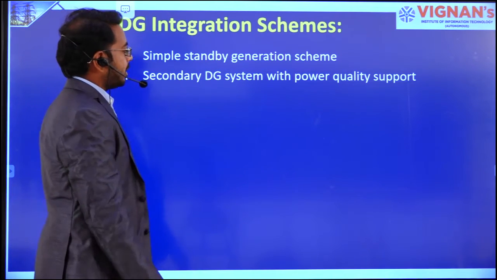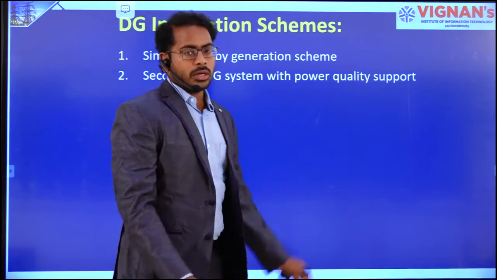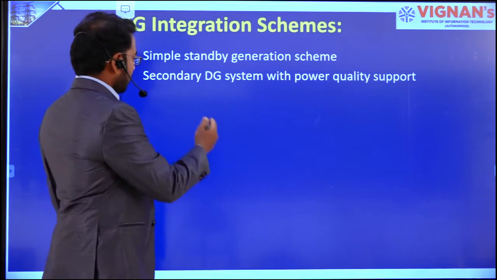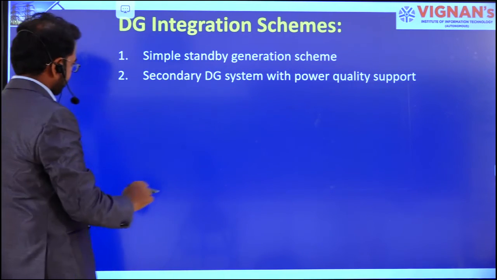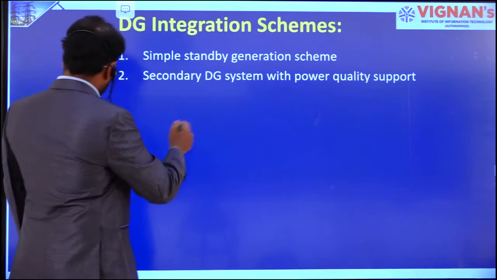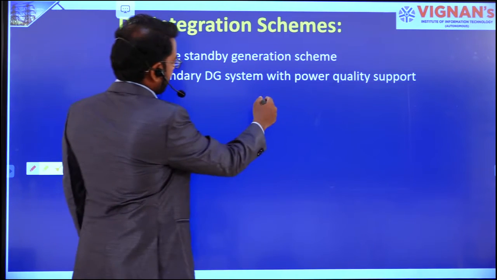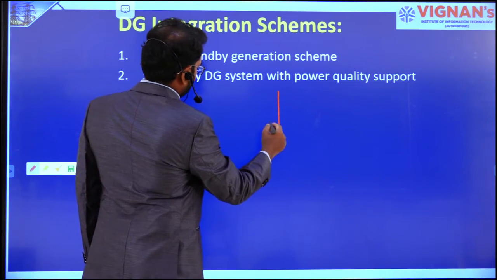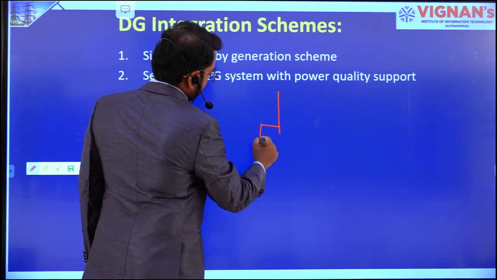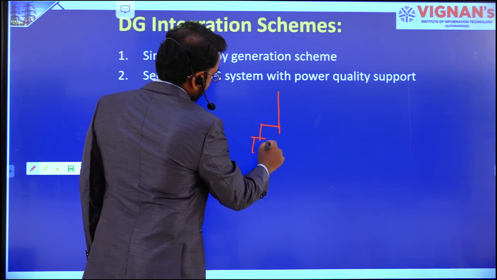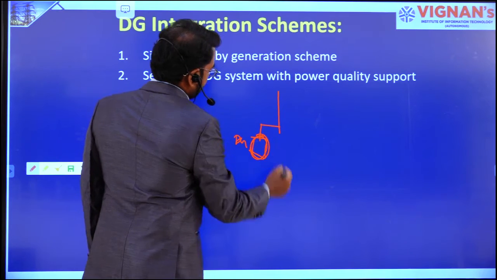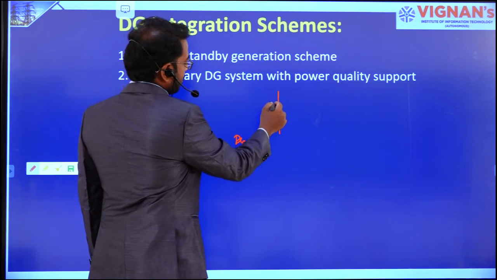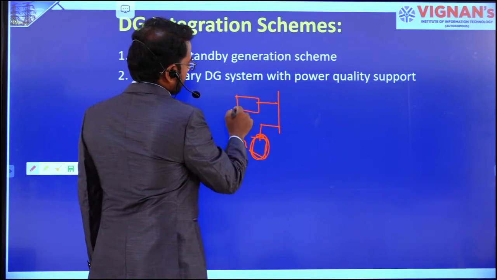The second one is the secondary DG system with power quality support. This is another type of scheme, like one secondary DG system with power quality support.